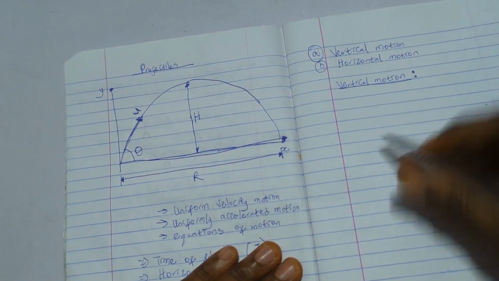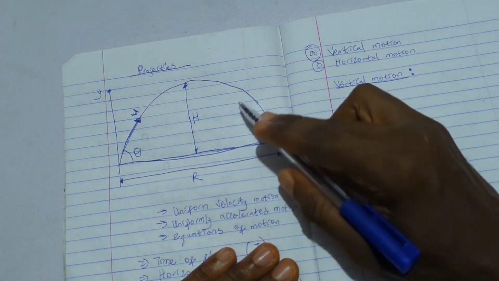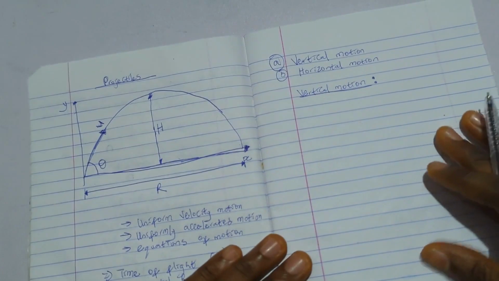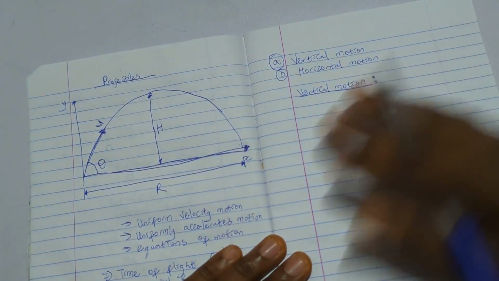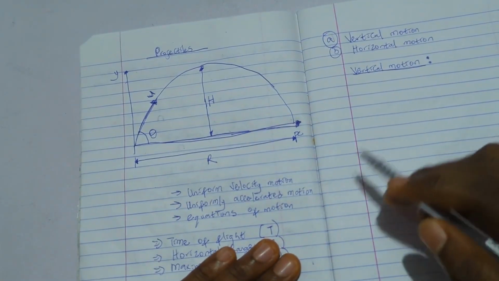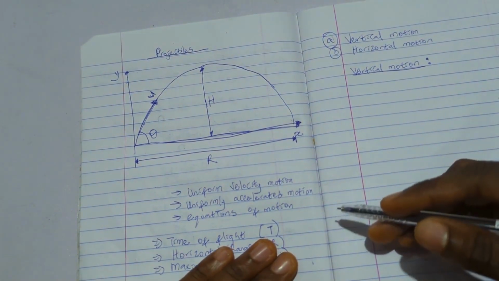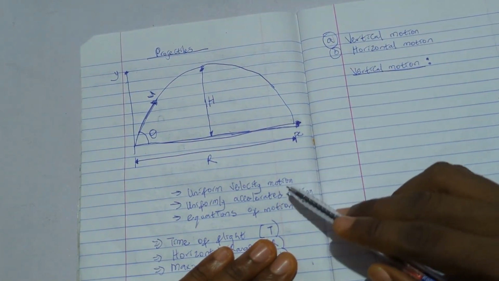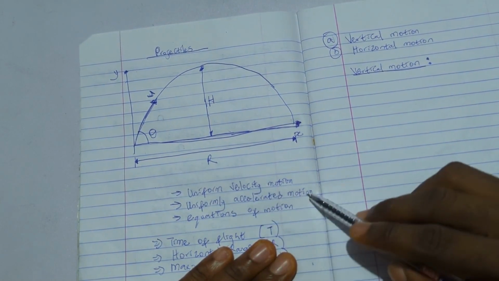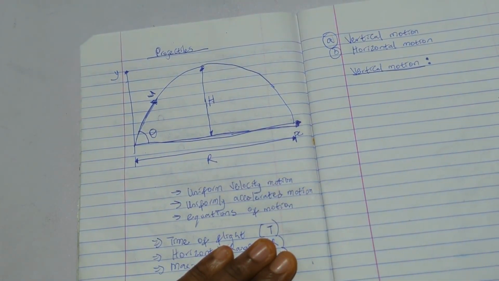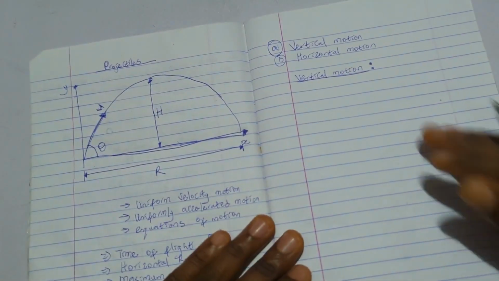And since gravity always gives a uniform acceleration or deceleration to an object, your vertical motion is a uniformly accelerated motion. It has a uniform acceleration. That means the velocity will change by the same amount in the same time interval.